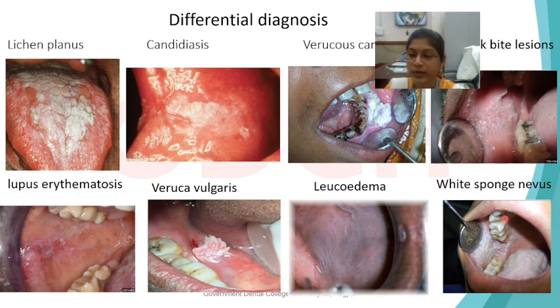Next is the white sponge nevus. Now, the white sponge nevus is basically a mucocutaneous condition, and an inherited condition which involves the buccal mucosa. The major part of the oral mucosa is involved rather than a localized area. The lesion is present in the oral cavity since early years, since childhood, and it can be familial also.